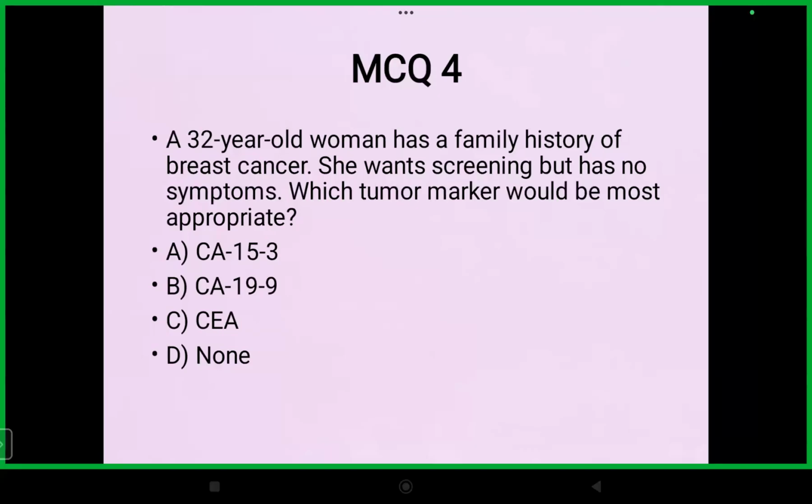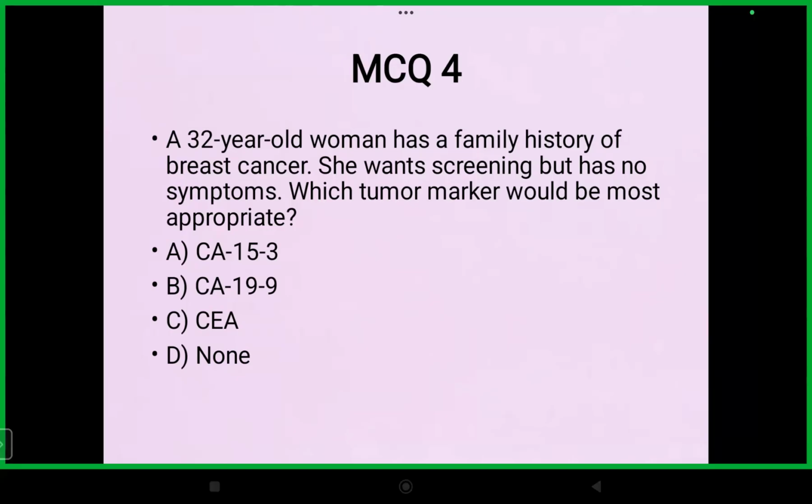So among these markers, if you look, only one is specific to breast, right? CA 15.3. And we also know that if CA 15.3 is absent, it doesn't mean that you don't have cancer. So it cannot be used as a screening tool for breast cancer. And the rest of the two markers are not related: CA 19.9 is related to the pancreas and CEA is also not related to breast.